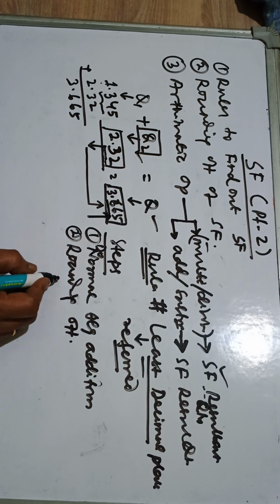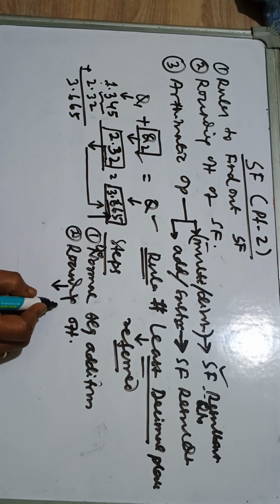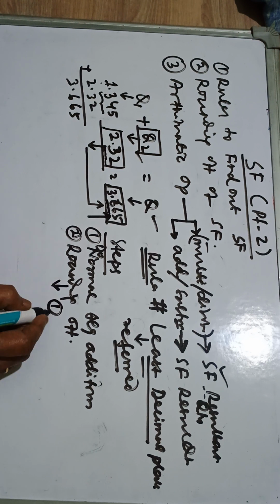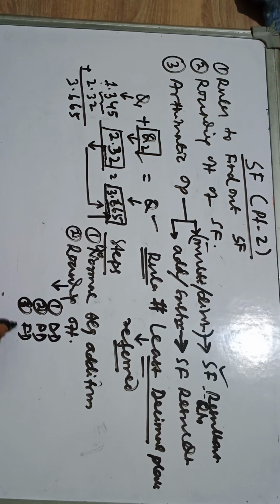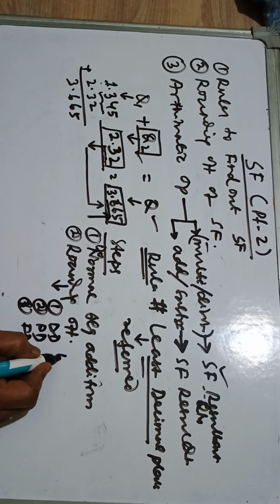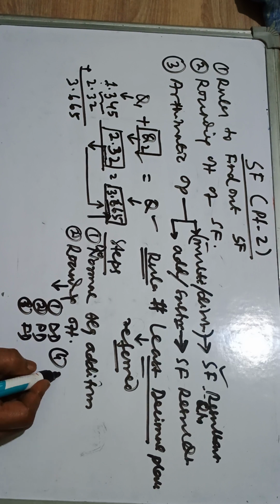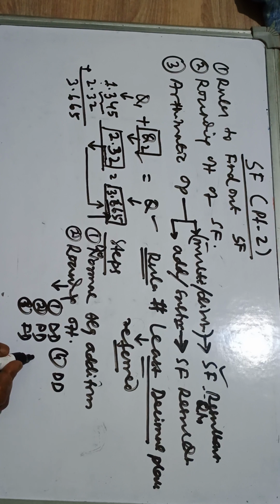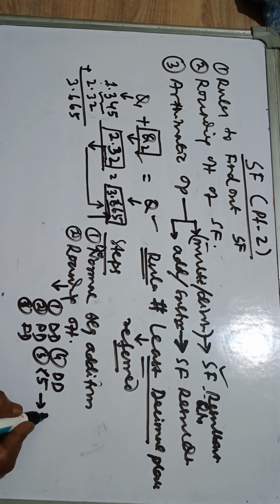For rounding off, we know what the steps are. Identify DD, identify PD, identify FD, check DD. If it is less than 5, no change in PD.